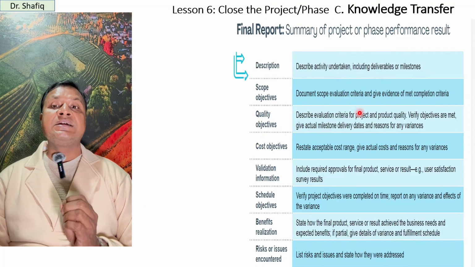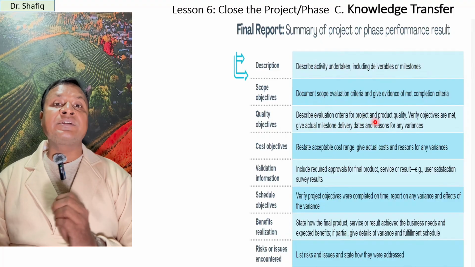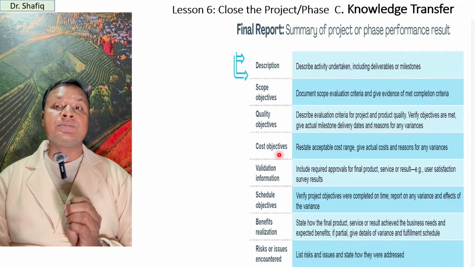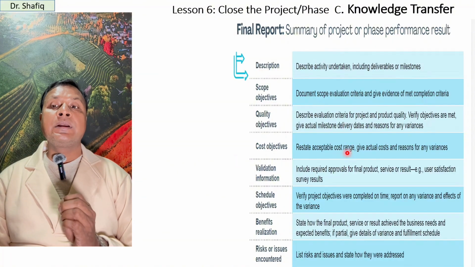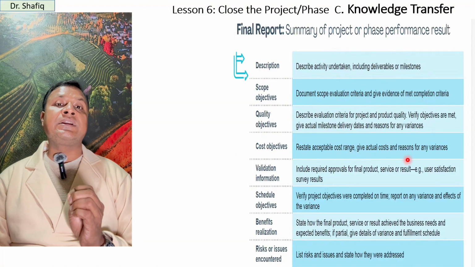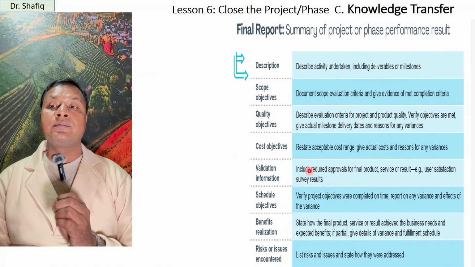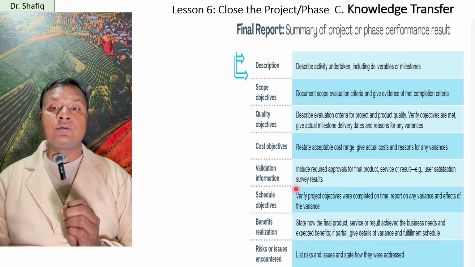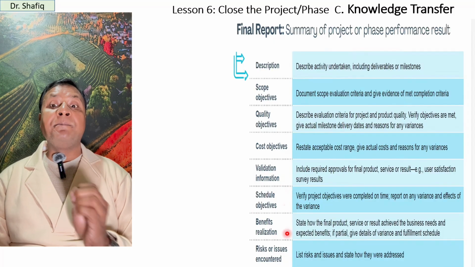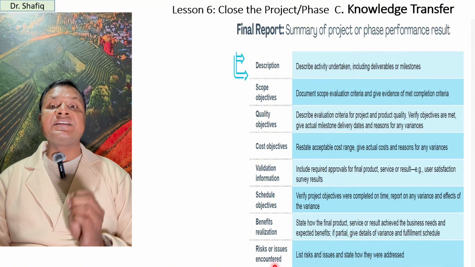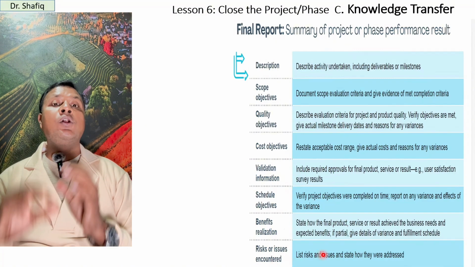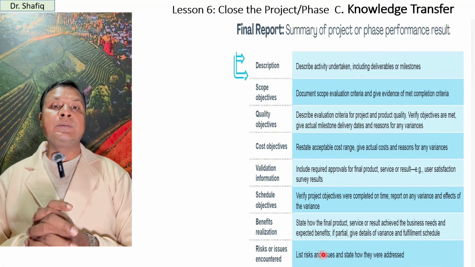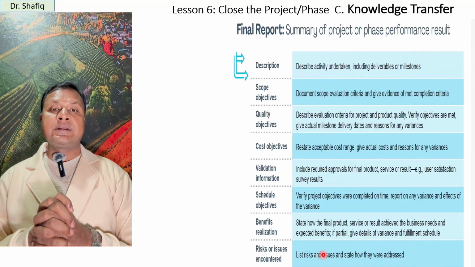Quality objectives, see the quality measurement criteria and see how it was met. Cost objectives, check cost and see whether it was as per plan or whether there is any variance. Validation information, schedule objectives, benefit realization, risks and issues encountered. So all the key issues should be in the report before closing the project.